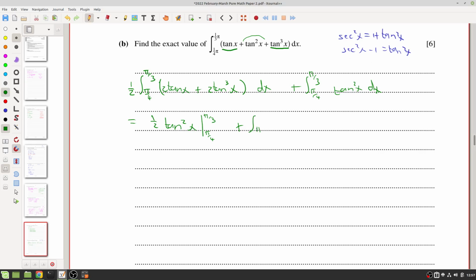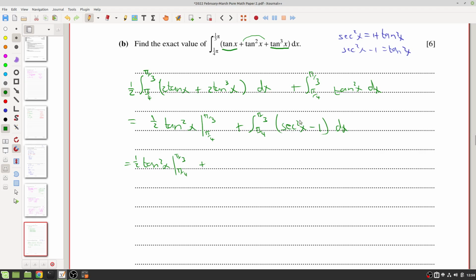So still integrating from pi over 4 to pi over 3, but now instead of tan squared, we're going to write it as sec squared x minus 1, because that is easier to integrate. All right, let's keep this as we have it. Half tan squared x from pi over 4 to pi over 3, plus, and now integrating this.